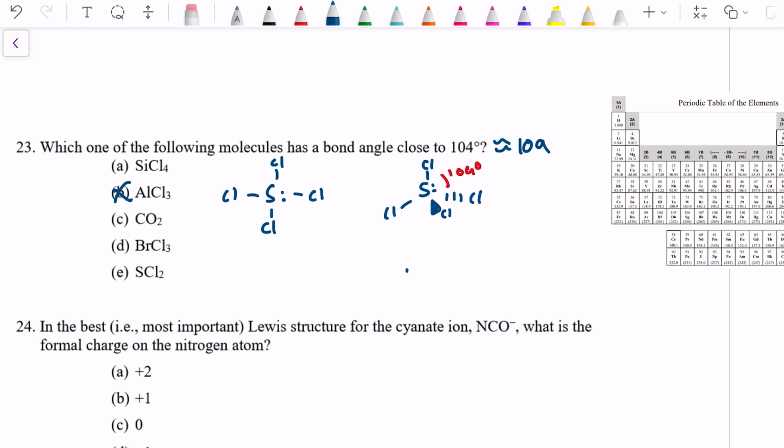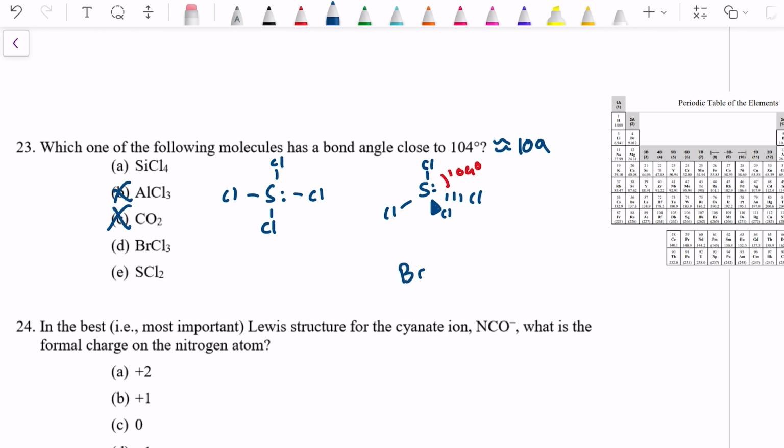How about carbon dioxide? Carbon dioxide is carbon double bonded with 2 oxygens. Same deal, this molecule exists on one plane. It's 360 degrees all the way around, which means this is 180 degrees, right? So that bond angle is 180 degrees, which is not even close to 104, so it's not carbon dioxide.